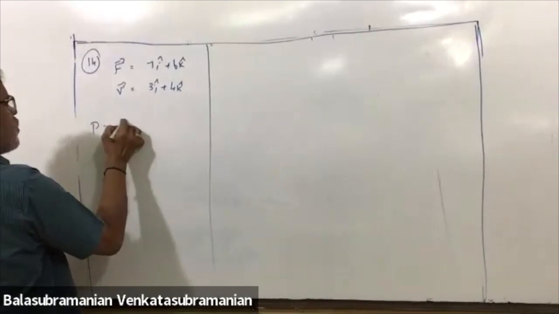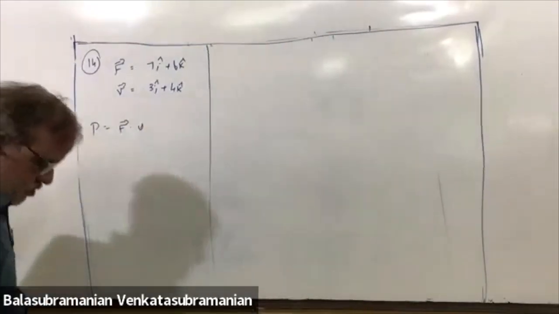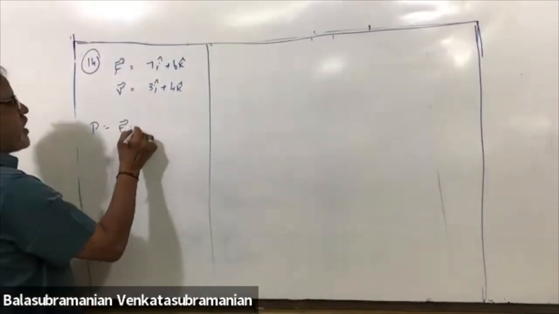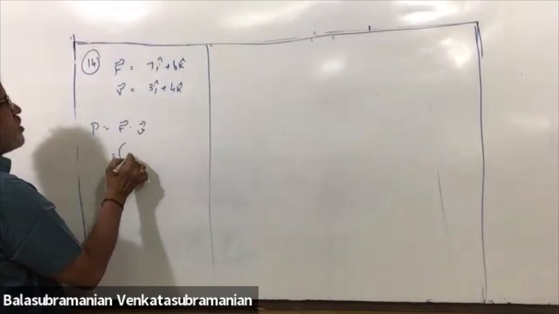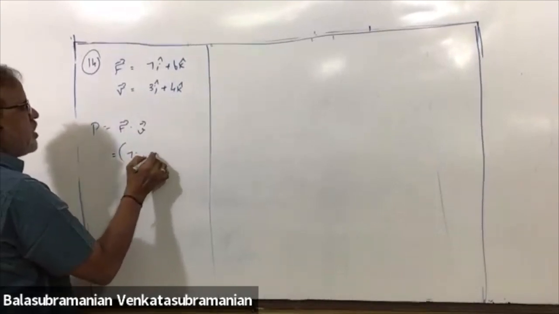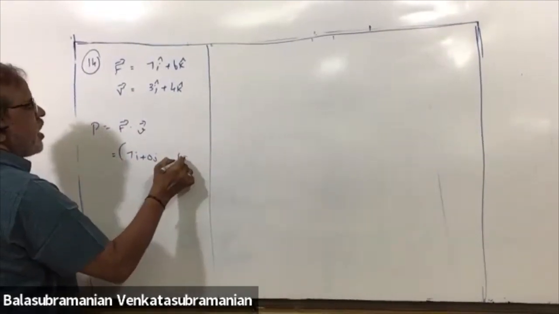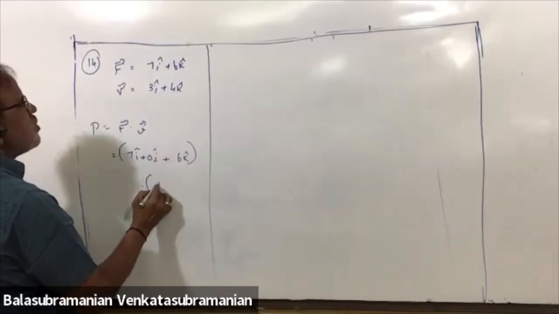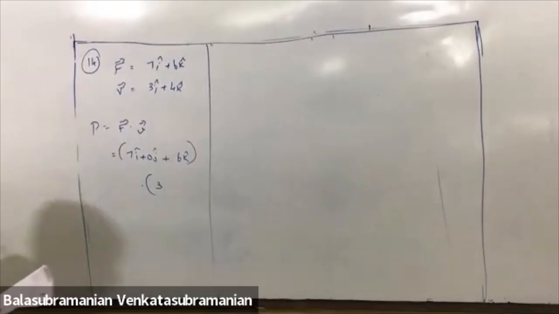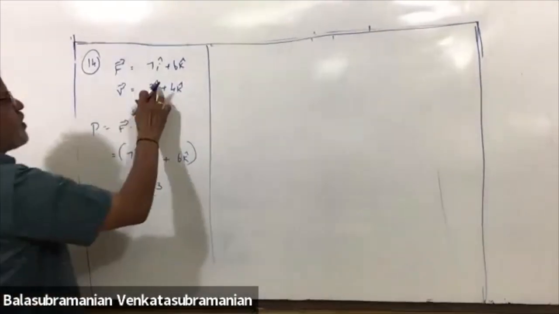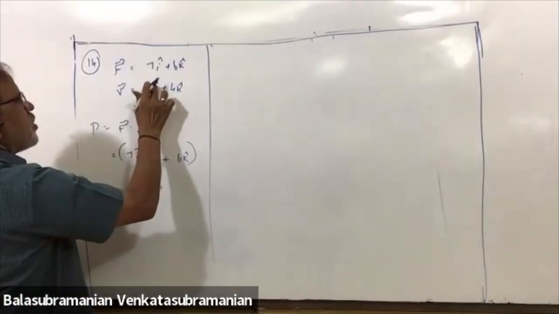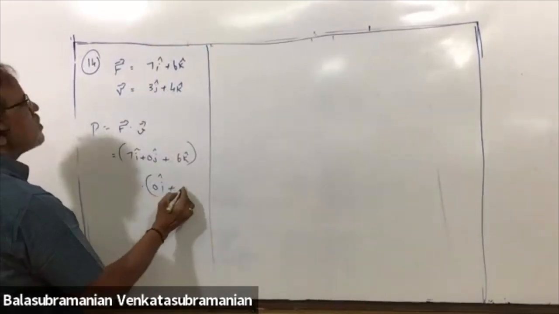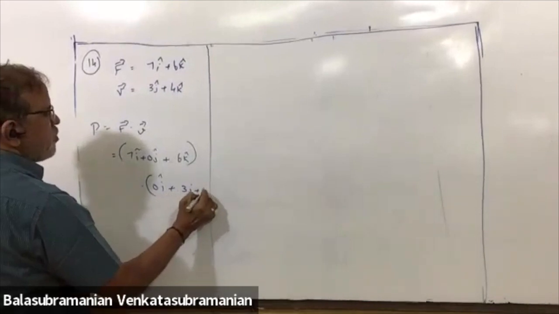Power is equal to the scalar product of the two vectors, F dot V: 7i plus 0j plus 6k dot 0i plus 3j plus 4k.